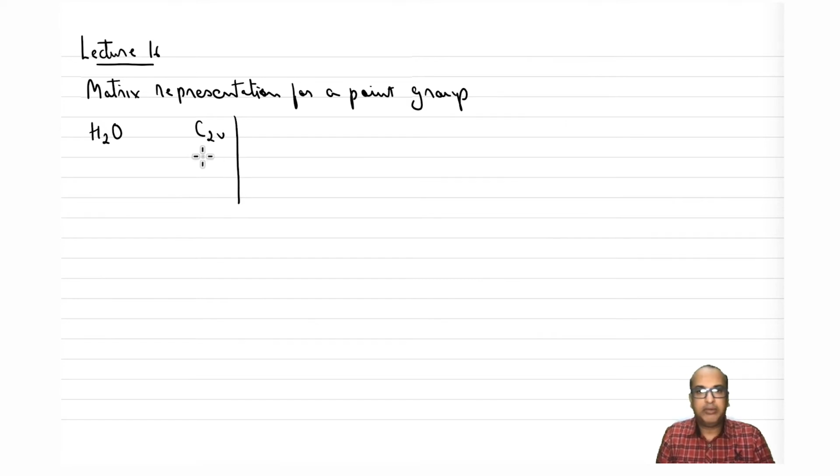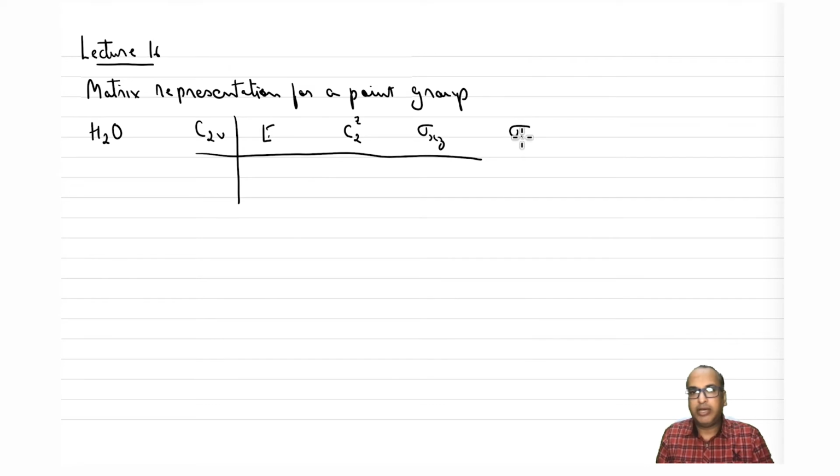and we know the symmetry operations, or the group elements, in this case are E, C2 (we'll say Z), sigma XZ, and sigma YZ, right? In this particular case, let us call this representation.